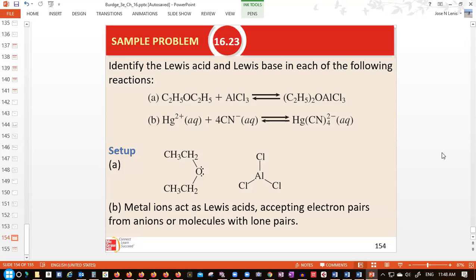So we'll do that in the next chapter: buffer solutions, titrations, and the equilibria of insoluble salts to find also the solubility product, Ksp constant, of insoluble salts. All right, so see you in the next video.